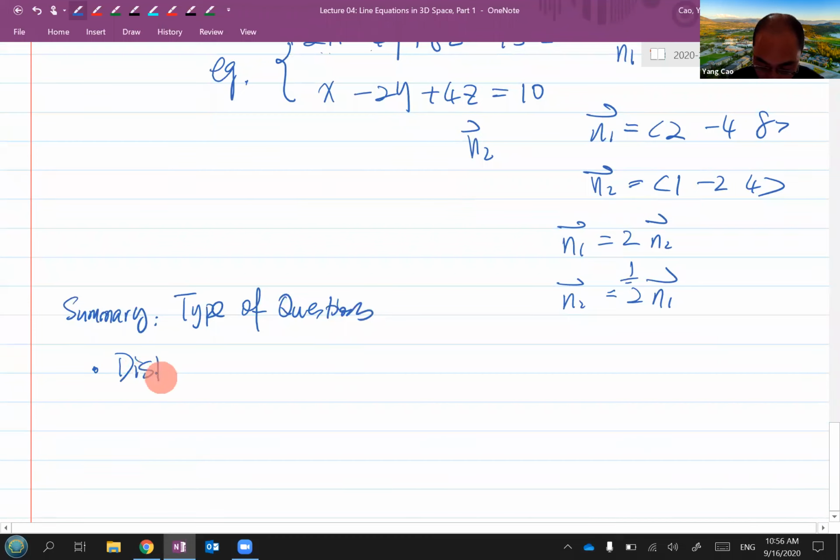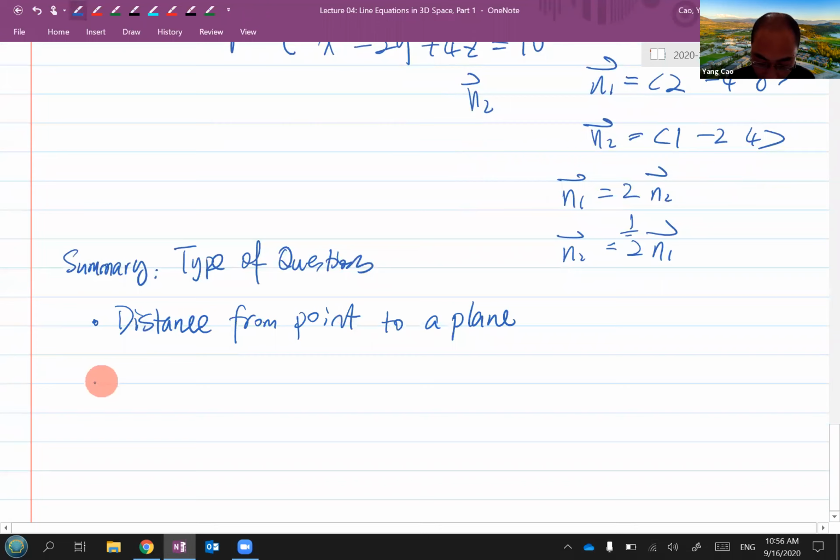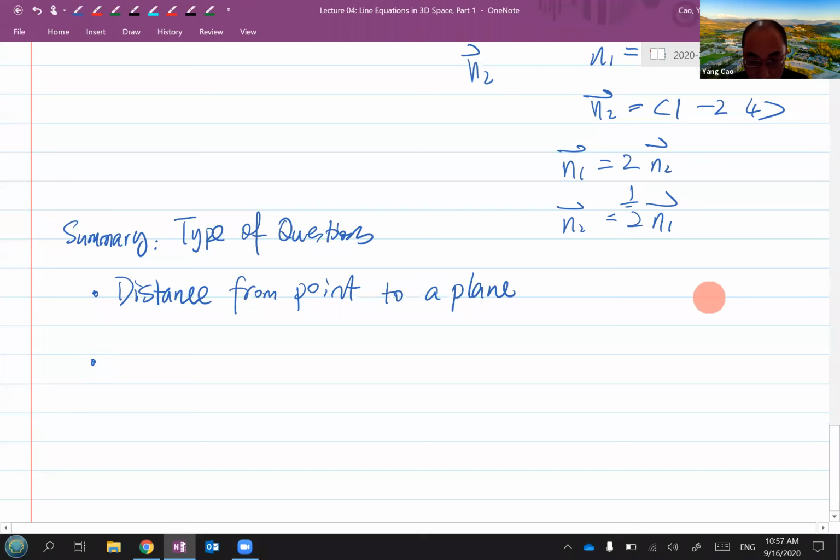For example, we have looked at one common question: what is the distance from a point to a plane? You will inevitably have to make use of the dot product, so use a vector dotted with a unit vector, then you get the distance or length of projection.